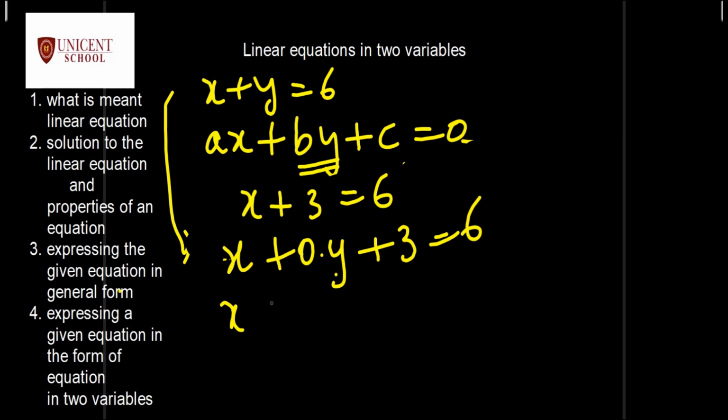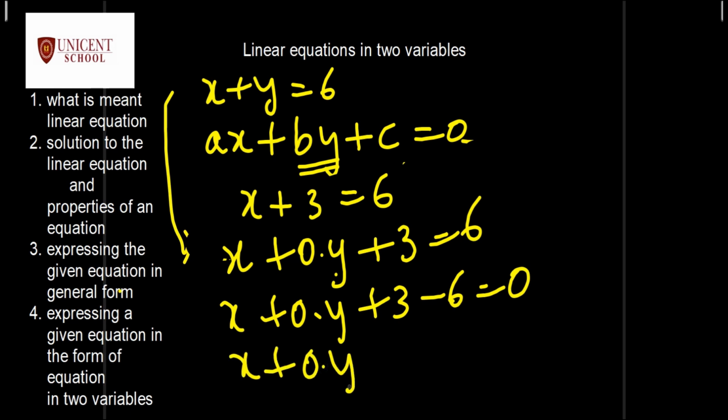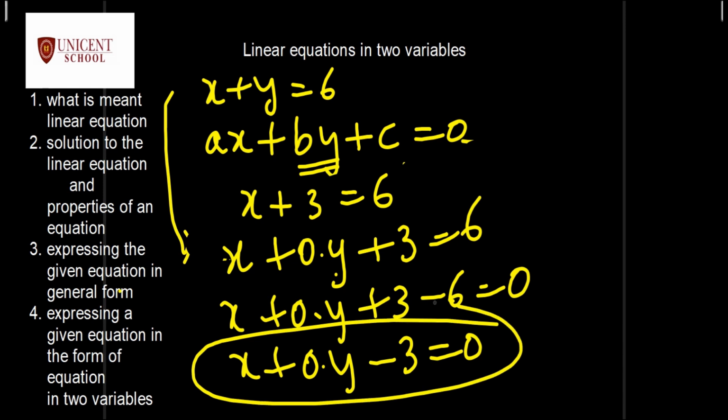I'll transfer the term 6 to the other side. It becomes minus 6. So x plus 0y minus 3 equals 0. So I can convert a linear equation in one variable into the form of two variables. And this conversion helps us to plot the graph of either one variable or two variables easily.